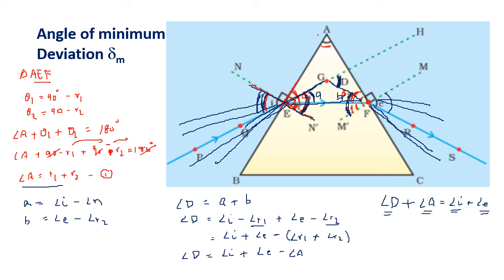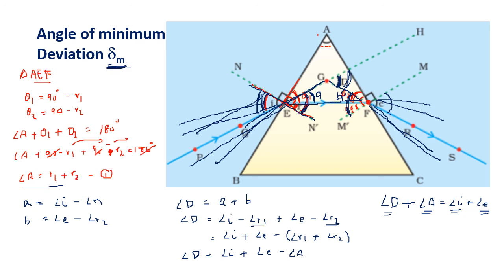Are you trying to understand? As I keep on changing the angle of incidence, the angle of deviation keeps on decreasing. There comes a point when it becomes minimum. After that, when I decrease the angle of incidence, the angle of deviation again starts to increase. So there is a point where it becomes minimum, and that is called angle of minimum deviation.